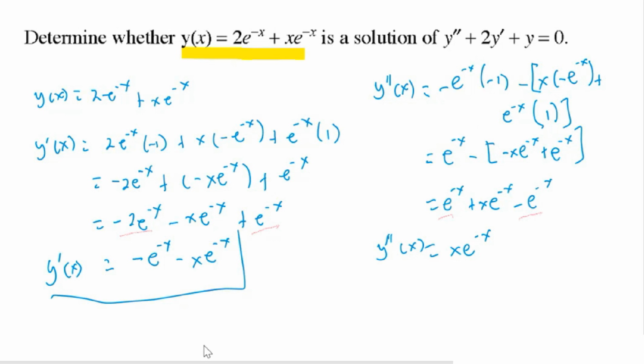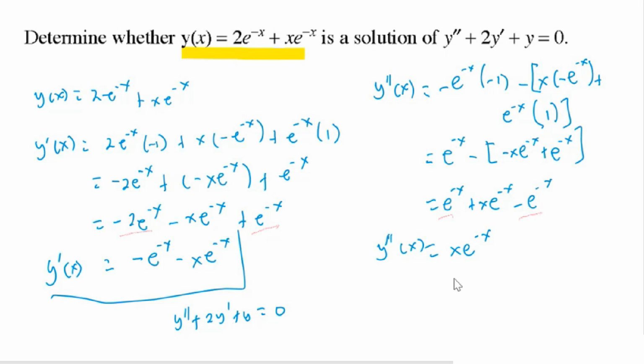After substituting the values of y prime and y double prime, if it gives the answer of 0, equal to the right-hand side, then we could say that this equation is a solution of this differential equation. Okay, so let us substitute it now. We have here y double prime plus 2y prime plus y is equal to 0.